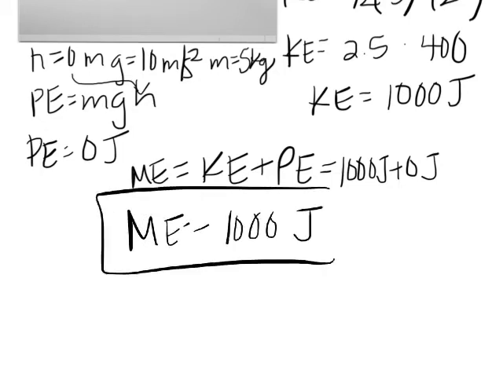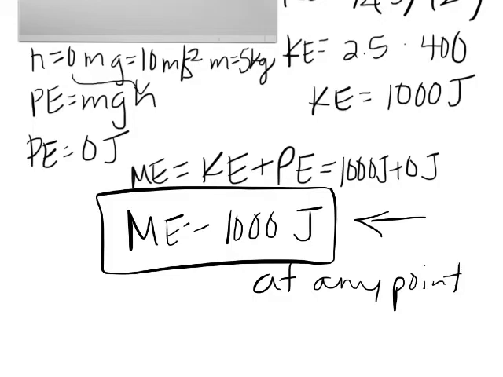So whether you're figuring it out from the top or the bottom, mechanical energy is the same. Mechanical energy is constant. So even if you're doing something in the middle of the trajectory, once you figured out your mechanical energy once, you can use this mechanical energy at any point.